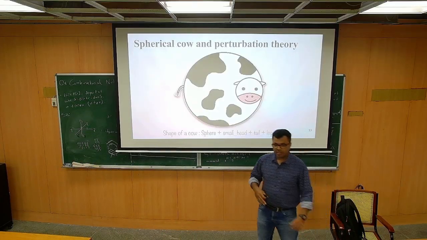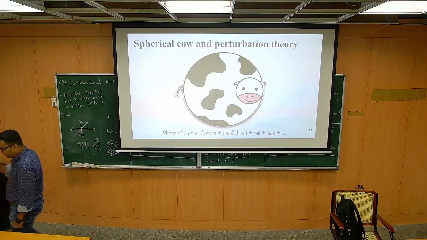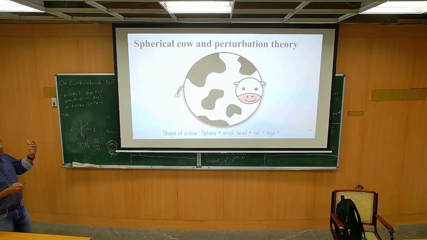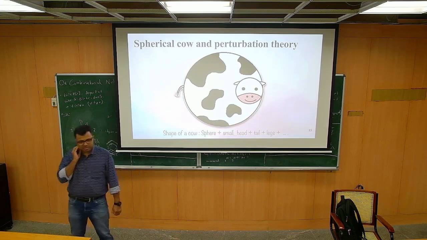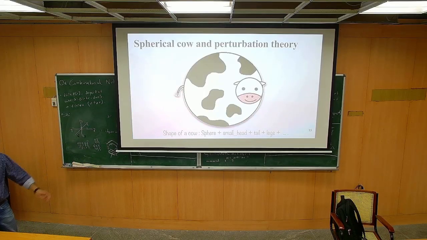So in a case where you can assume that these kinds of corrections are very small, you use this approach called the perturbative approach, or in other words, perturbation theory. You may have heard of this example in many places. If you don't know how to solve certain things, you start by assuming that the system is a sphere.